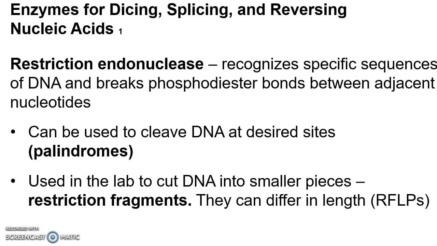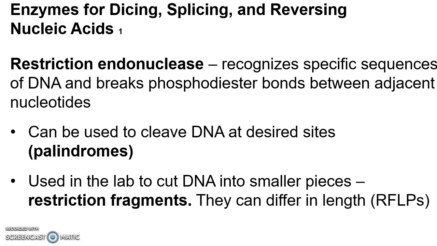Those restriction endonucleases actually break the phosphodiester bonds between nucleotides in a strand of DNA. They can be used to cut DNA at specific sites, such as palindromes. A palindrome in DNA is just like a palindrome in English. It's a sequence that reads the same 5' to 3' as it does 3' to 5'.